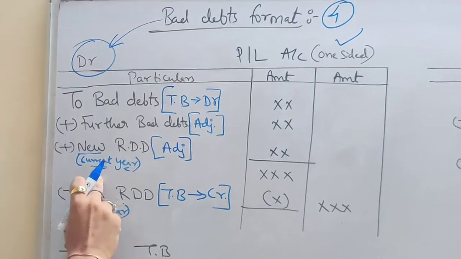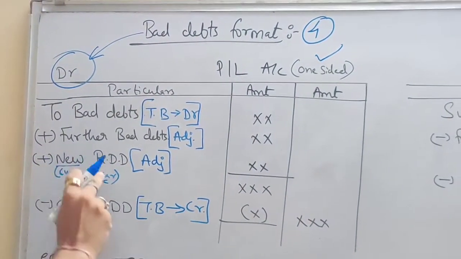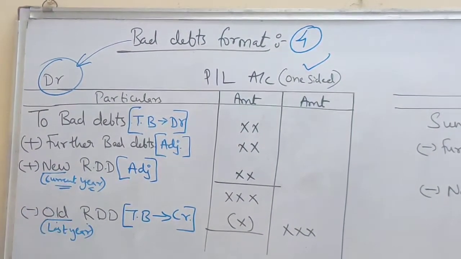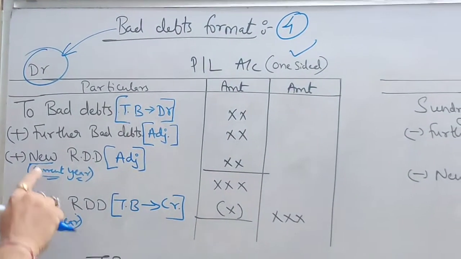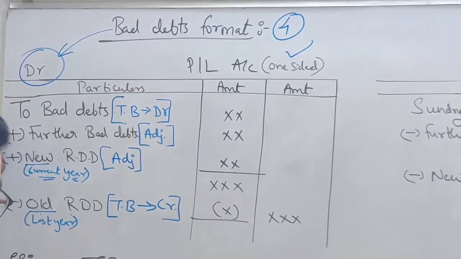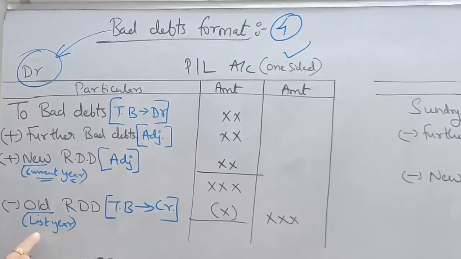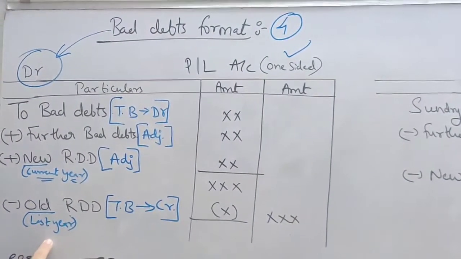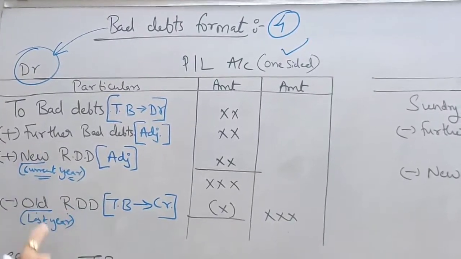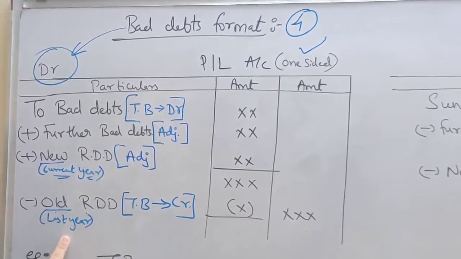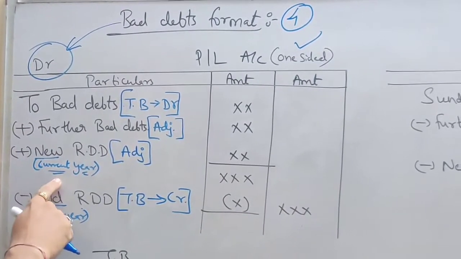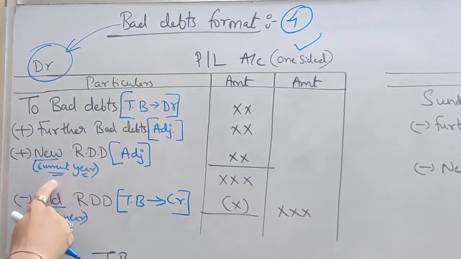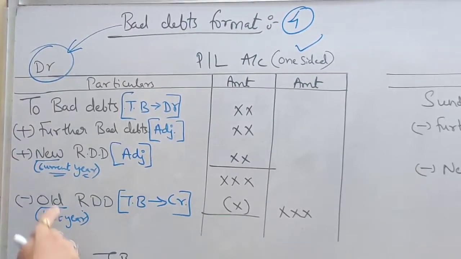This year you are creating, so you are going to calculate this new RDD. Whatever you calculate in this year, we call it new. What you calculated last year, you call old. So understood what is new and old? This is of last year, we call it old, and this is of current year, we call it new. This we are going to calculate this year.